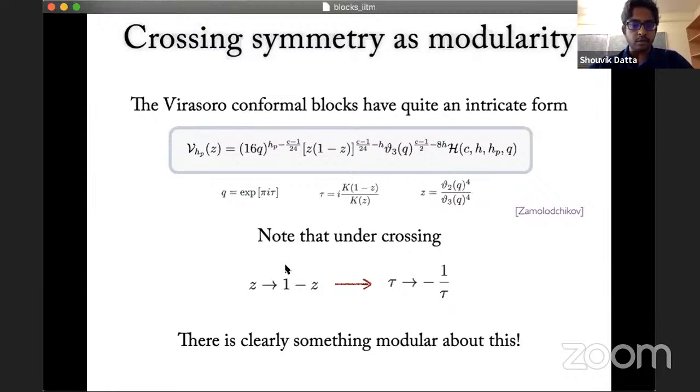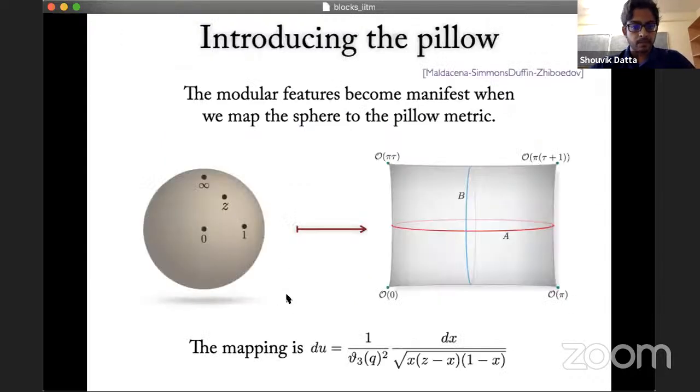Okay, so note that under crossing, z goes to 1-z. And if you use this relation, tau goes to -1/tau, which is just the S modular transformation, which clearly shows that there is something modular about crossing symmetry. So the modular features become manifest when we map the sphere with 4 marked points at which the operators are located to the pillow metric.